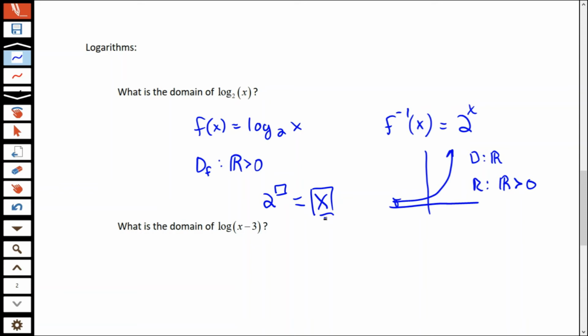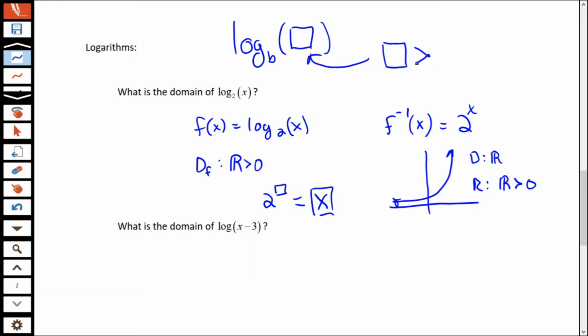So that gives us this new thing to watch out for in finding domains: anytime you have a log, we cannot evaluate a log if what's inside is less than or equal to 0. So our domains for our logs have to be greater than 0.